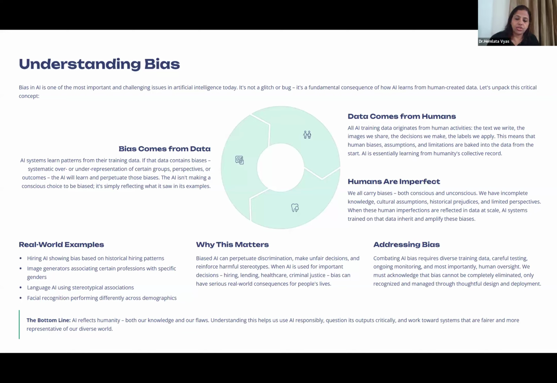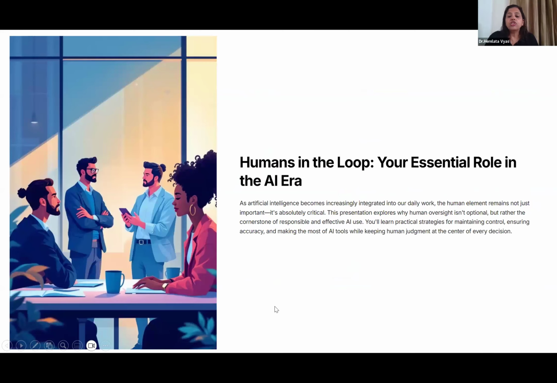So what is the importance of the human in the loop? What is the role of the human? As we talked about, there are multiple things where the output data may have biases, may not be correct.